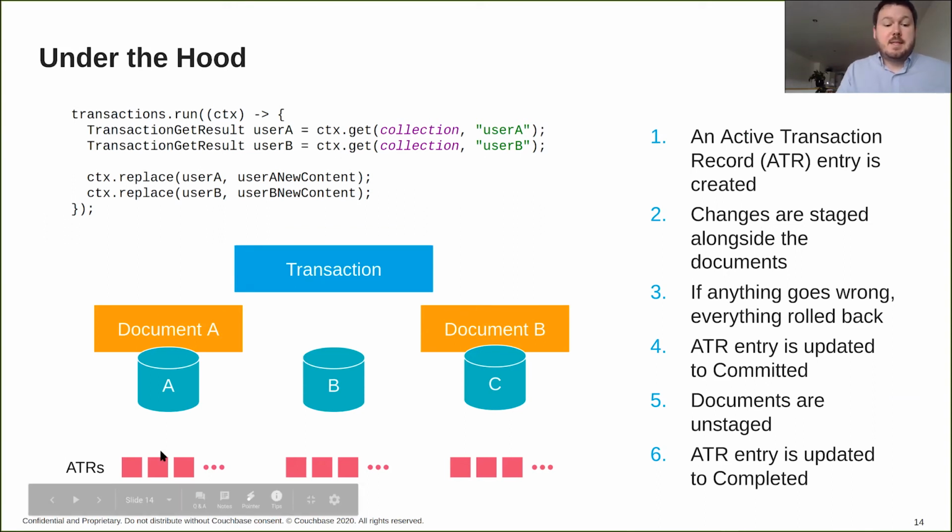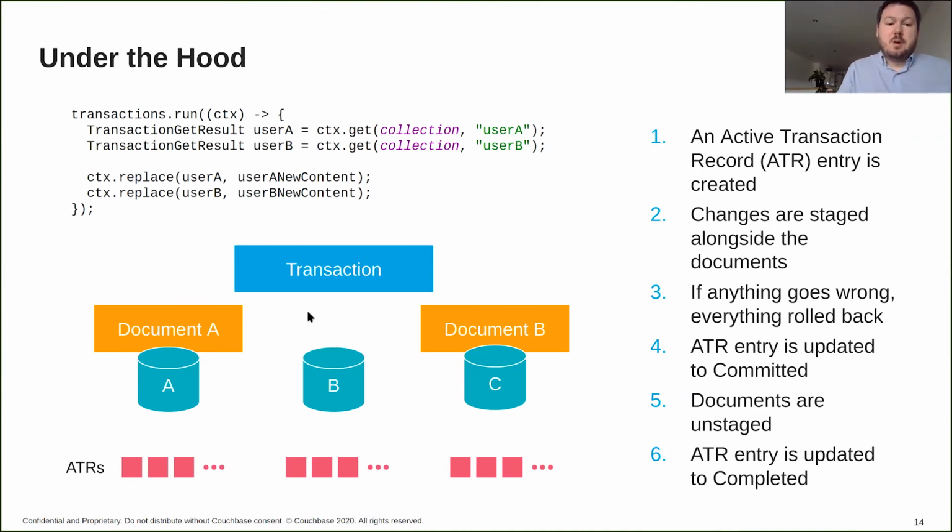Then after we've written to the ATR entry, we stage the new contents of the transaction alongside each document. This uses a feature called extended attributes, which is metadata associated with each document, and it allows us to do this very performantly, because this look-aside data can just be kept right there alongside the document, which makes reads and writes very efficient.